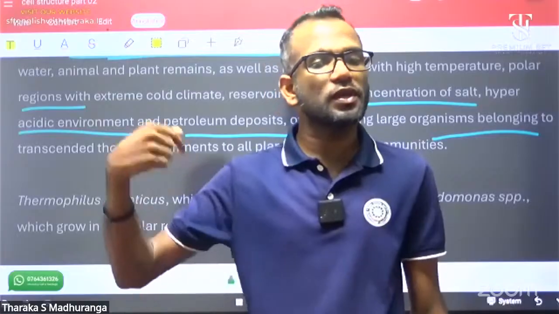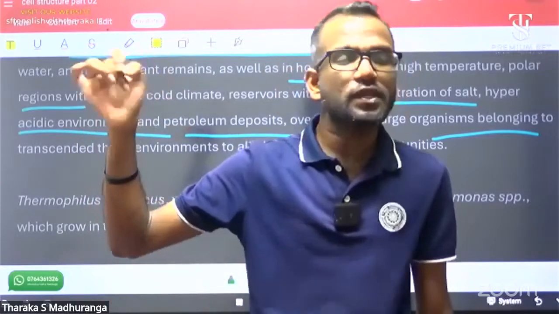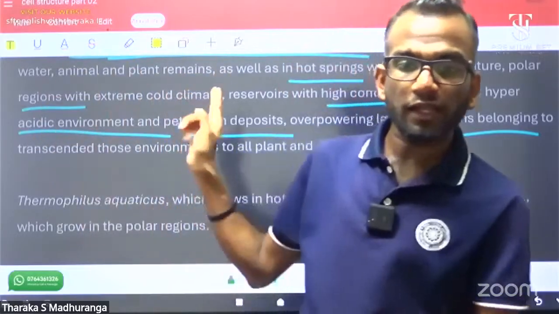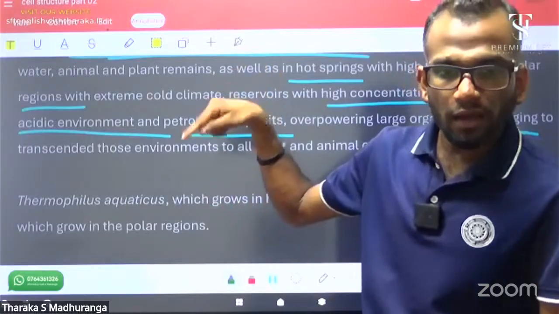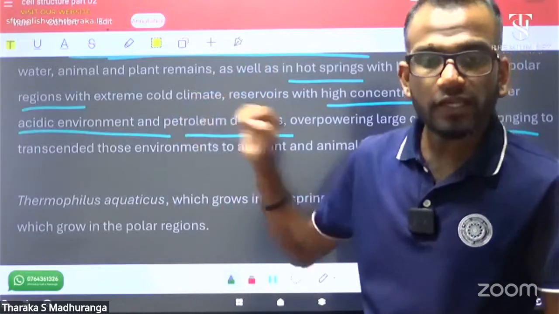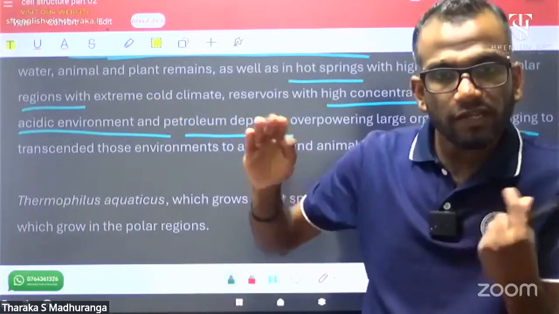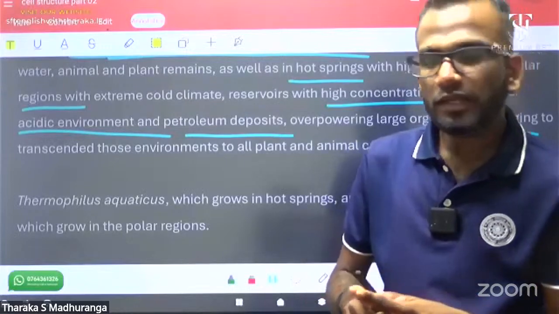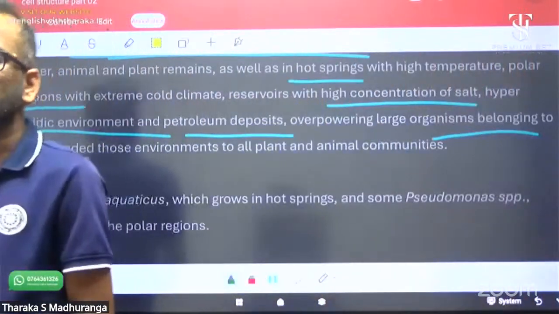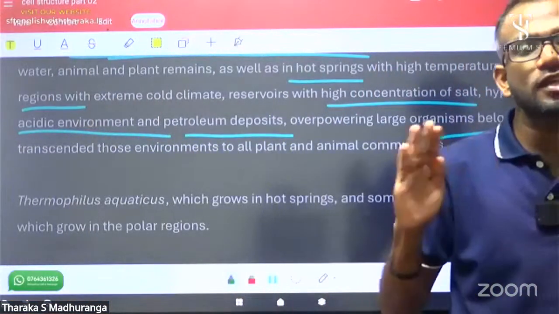Extreme environments mean hot water streams, very high temperature, very highly concentrated salt, that means seawater, highly acidic conditions, and petroleum deposits, and what else? Inside glaciers, microorganisms are living, right? Therefore, as well as normal environments, microorganisms are living in highly extreme environments.